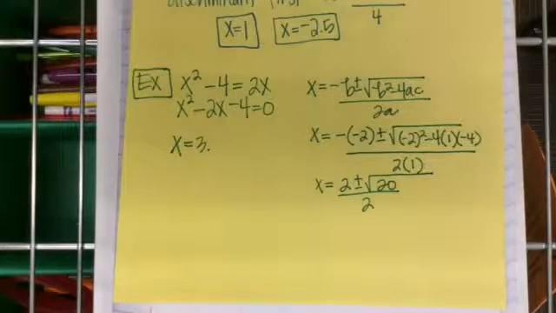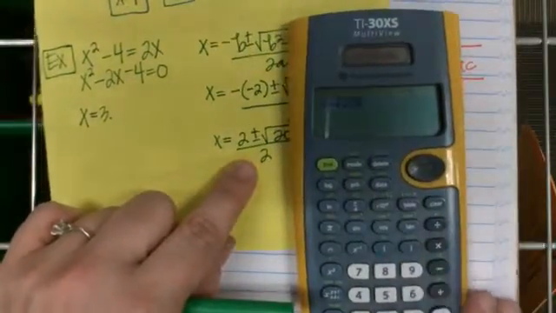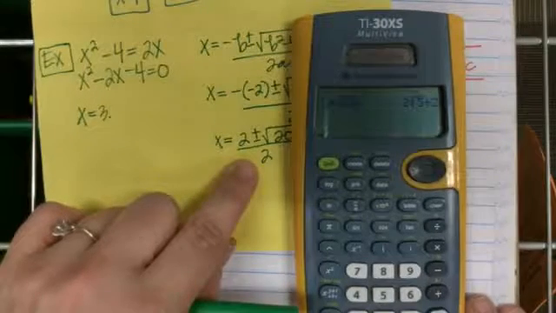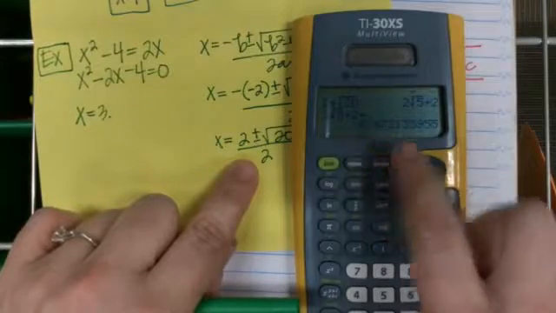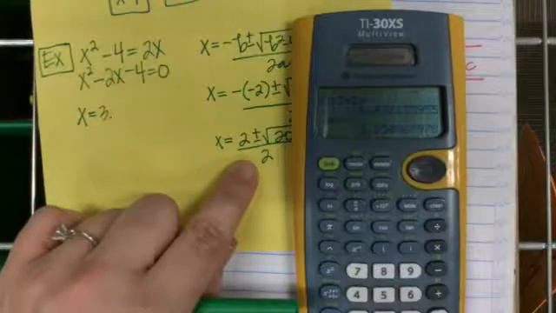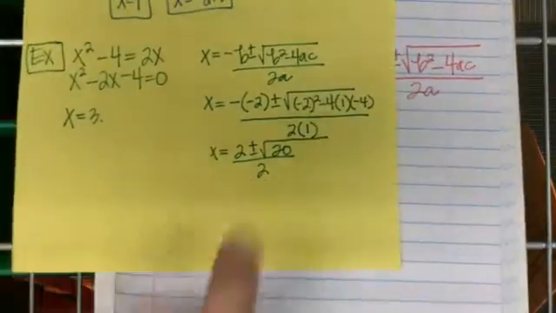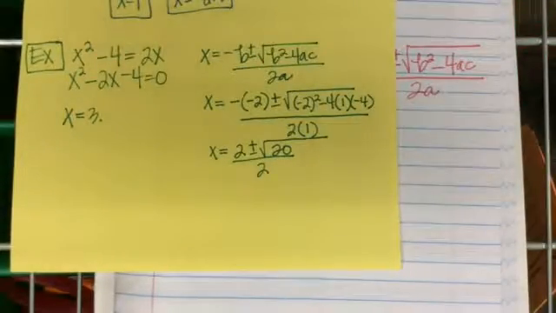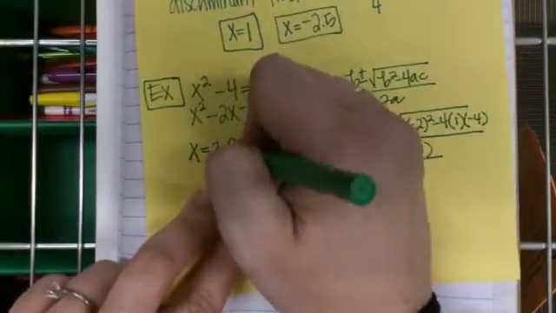Let me double check. 2 plus the square root of 20 is 6.47 divided by 2, 3.24.